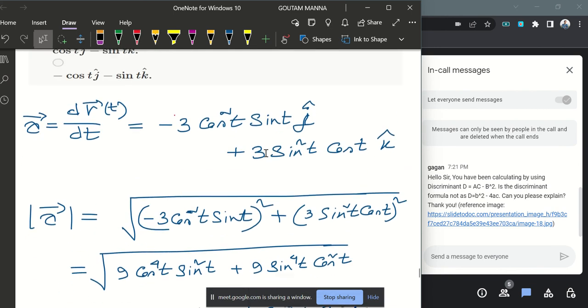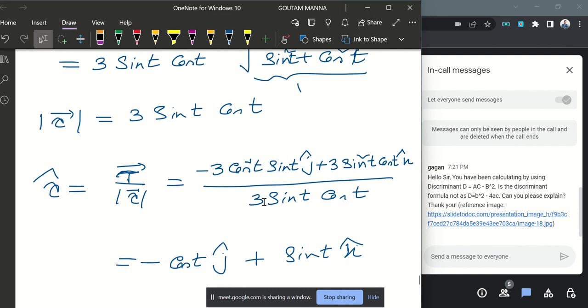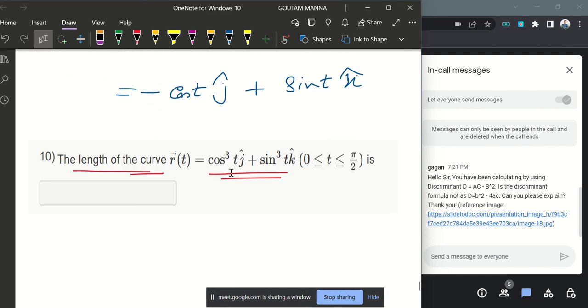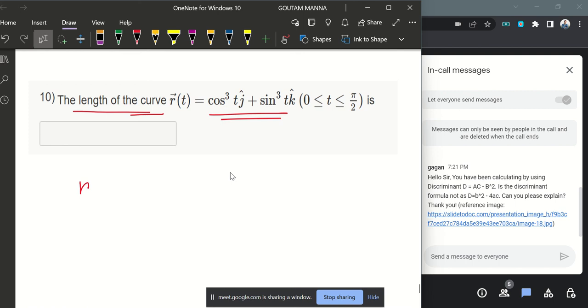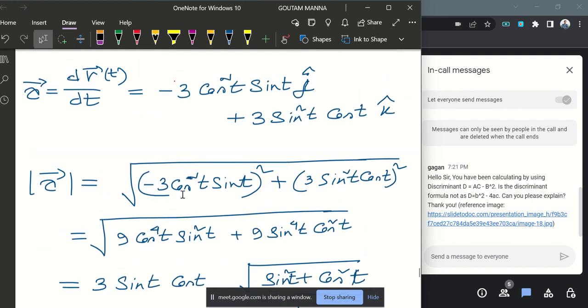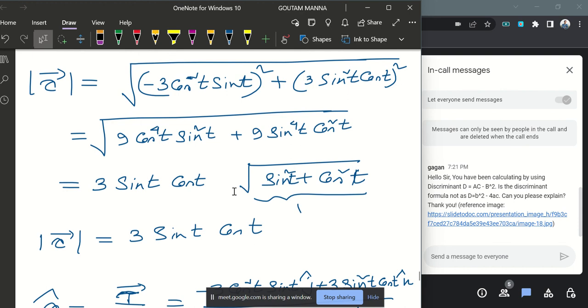Here we already calculated the drdt vector, and we calculated the magnitude of this drdt vector. The magnitude of r dot is already calculated, and that is the magnitude of tau, basically 3 sin t cos t.